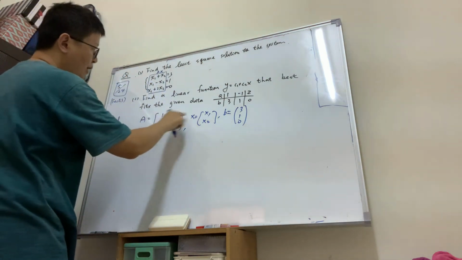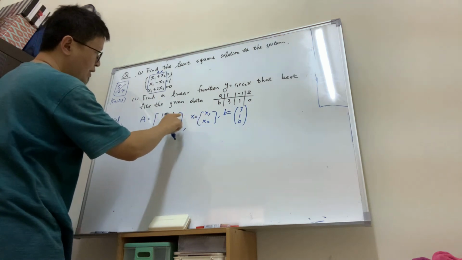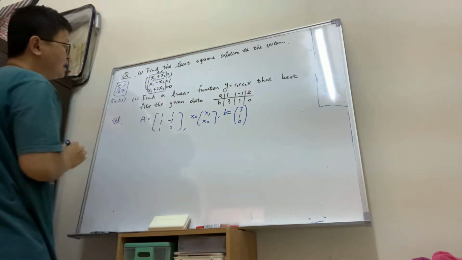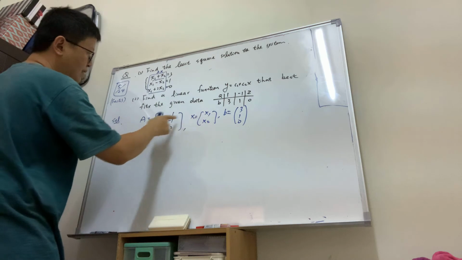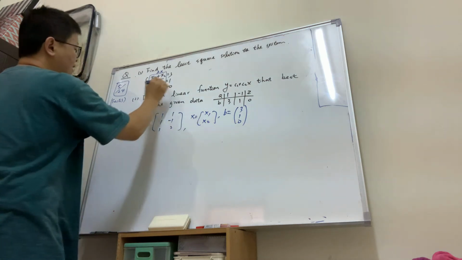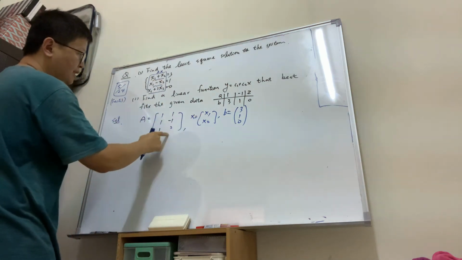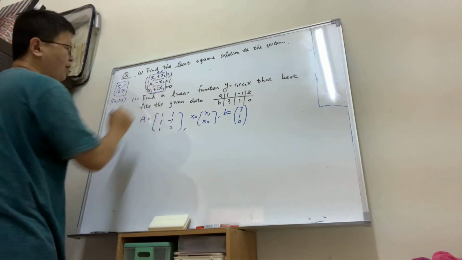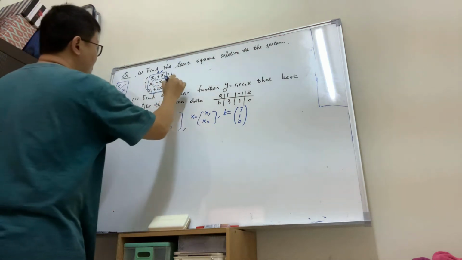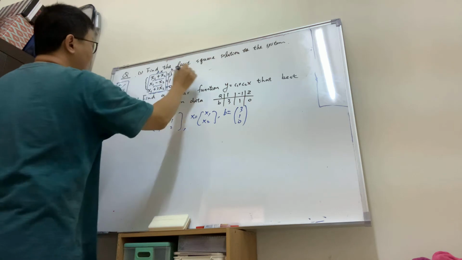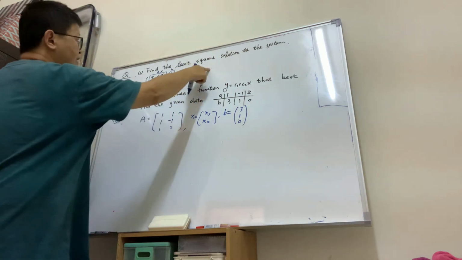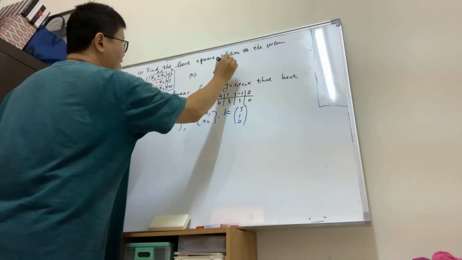So 1 times x1 plus 1 times x2 is exactly this entry. 1 times x1 subtract 1 times x2 is this one. 1 times x1 plus 2 times x2 is this one. And (3, 1, 0) is b. So this linear system means Ax equals b.